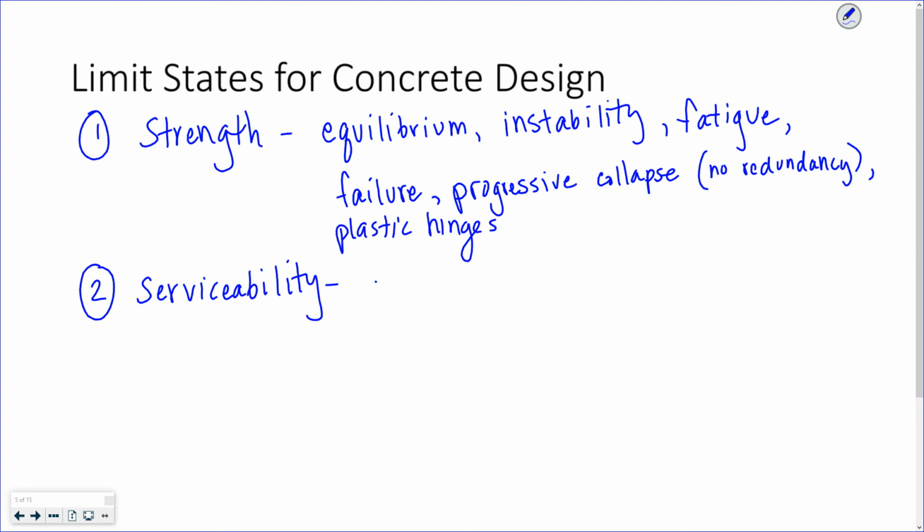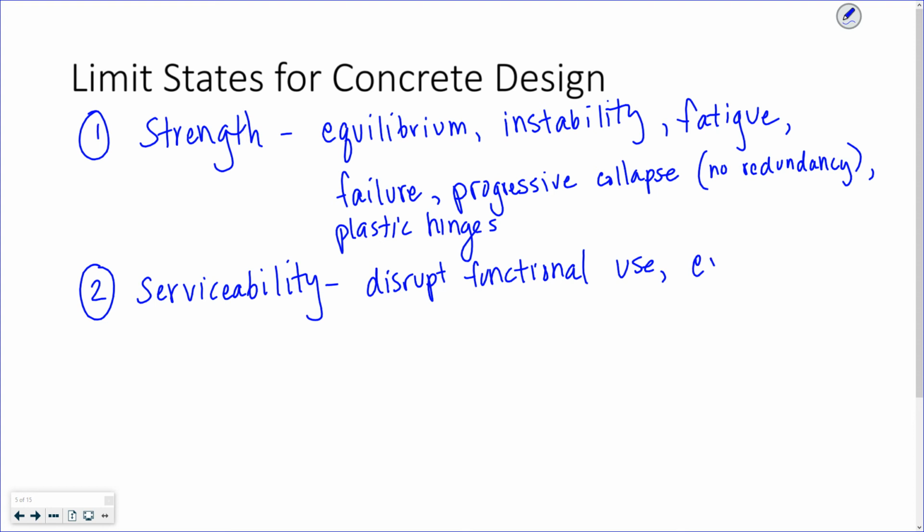These are limit states where we're talking about something that will disrupt the functional use of the structure. Like it might not fall down, but the structure won't be able to be used as you intended it.